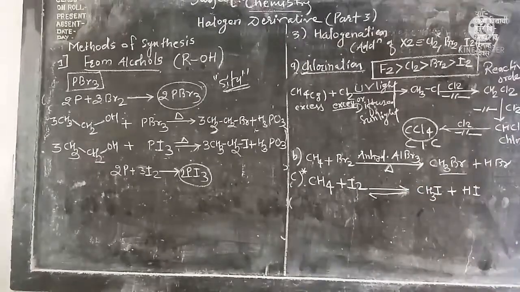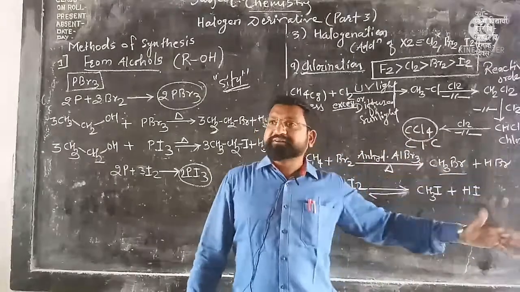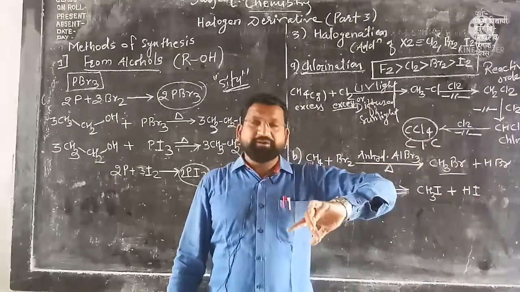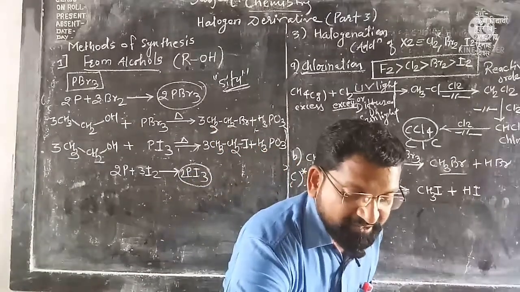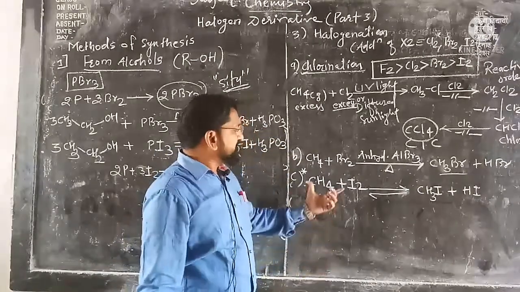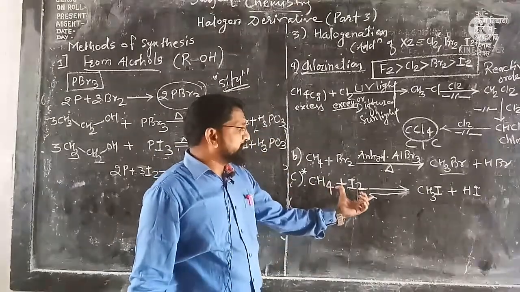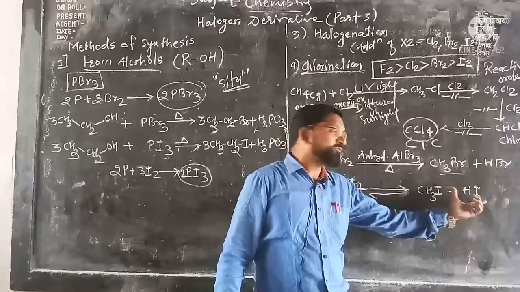Now why is this reversible? Reversible reaction means the reactant once converted into product, the product converts back into the reactant. What is the reason for that? Let us see. When methane reacts with iodine, there is a formation of, as usual, alkyl iodide, methyl iodide, along with HI.